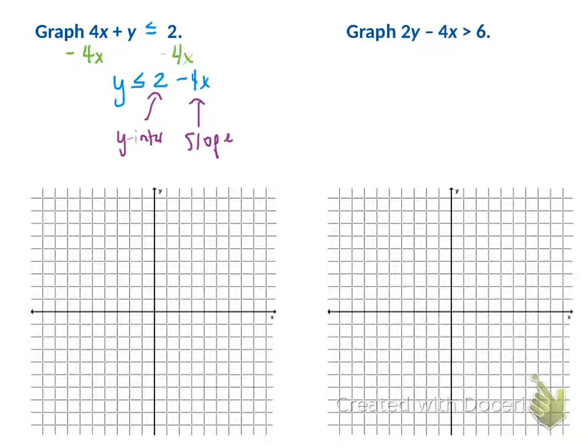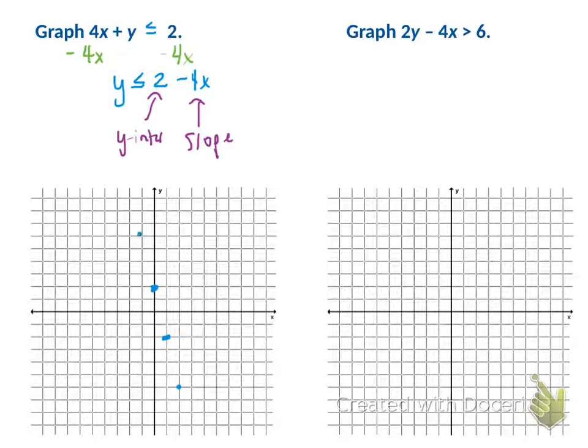So let's go to that point, 2, on the y-axis. There's our dot. And then we're going to go down 4 over 1. Remember to fill that whole space. It makes your life a lot easier when you're trying to define the boundary.